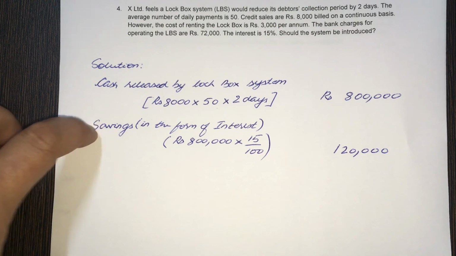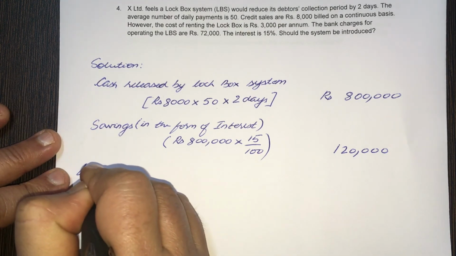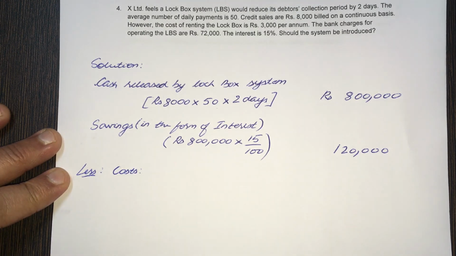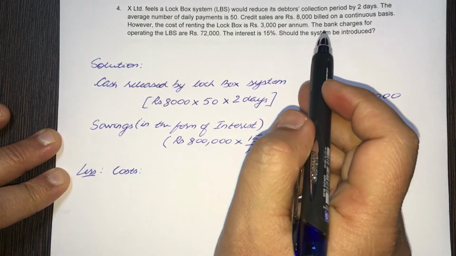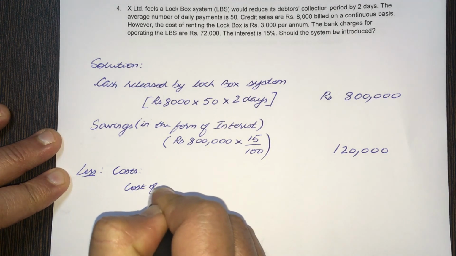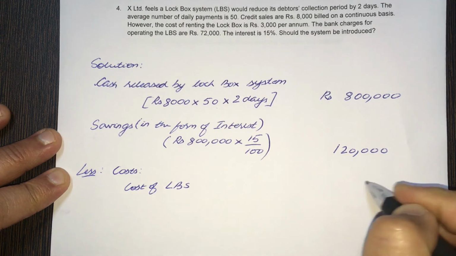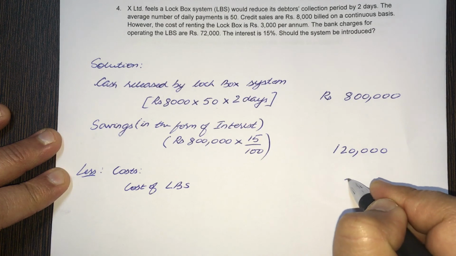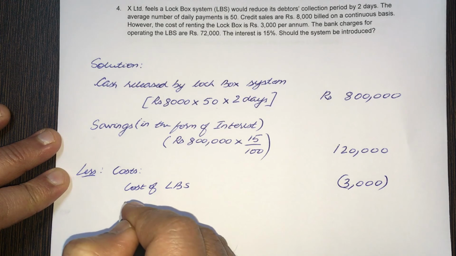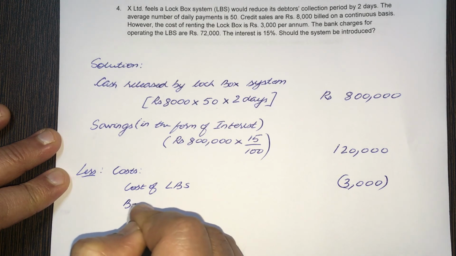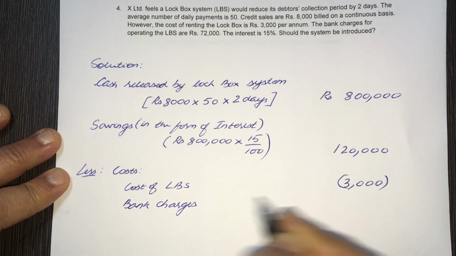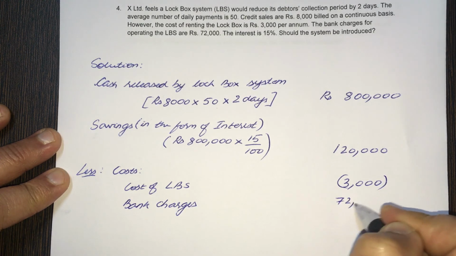Your savings is the benefit less the costs. Now what are the costs here? Number one is the cost of the lockbox system, LBS. How much is that? 3,000 per annum. Second is the bank charges for maintaining the lockbox system, that is 72,000.